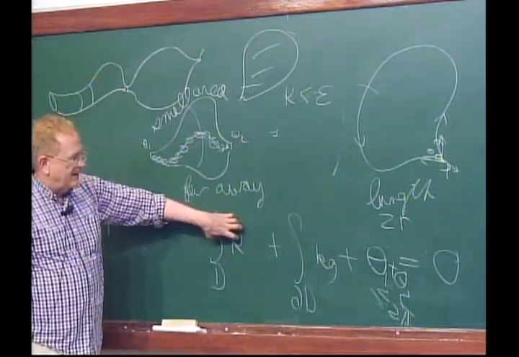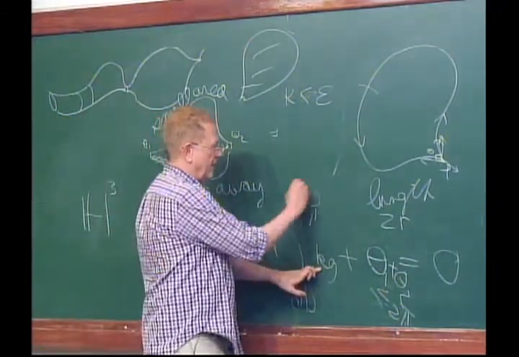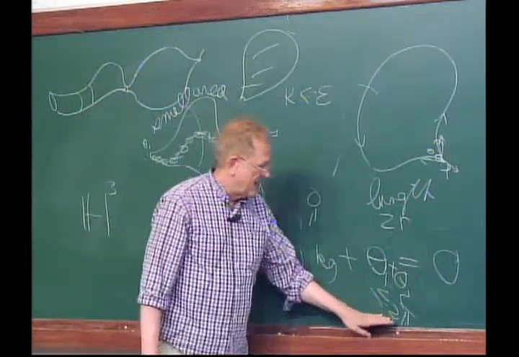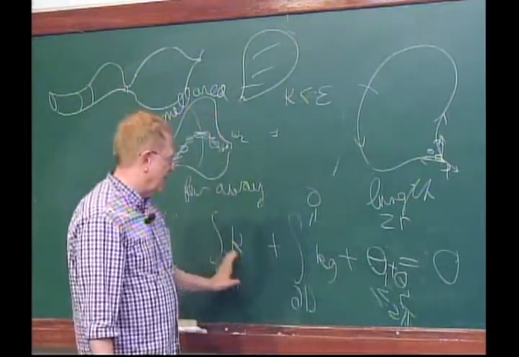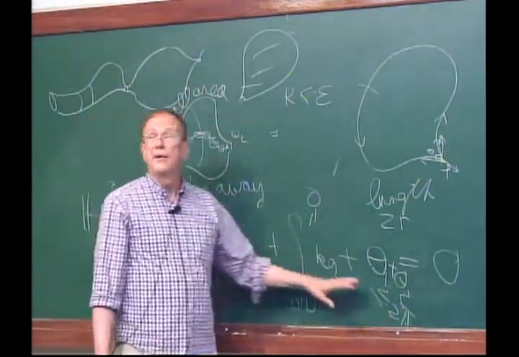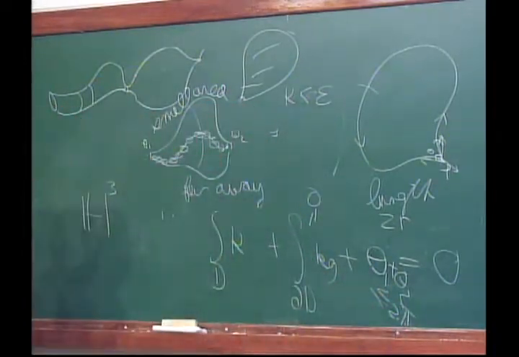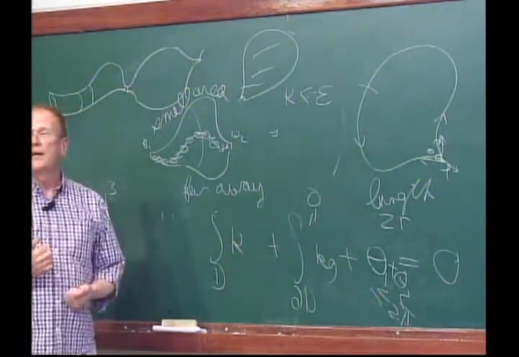So this is big negative, this is 0, and we got the integral of the Gaussian curvature plus 2 pi. Anyway, the integral of the Gaussian curvature can't be any bigger than minus 2 pi. That's what the formula says. Therefore, the area can't be any bigger than 2 pi.